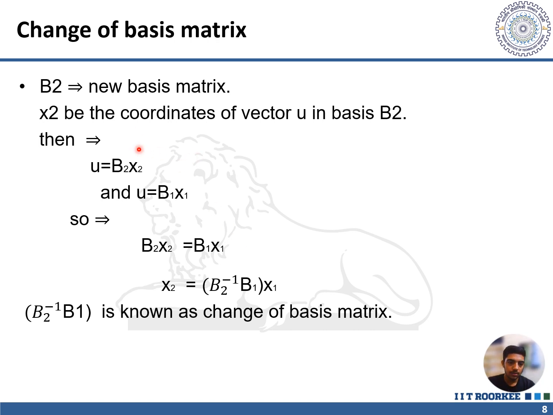So this is giving us the coordinates of the vector u in the basis b2. Also, this matrix is working as the change of basis matrix, because it changes the coordinates of a vector in one basis to the coordinates in another basis. That's why it is also referred to as the change of basis matrix for the bases b1 and b2.